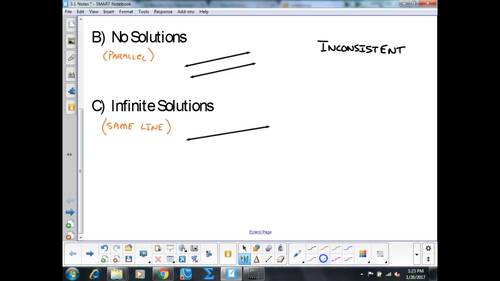And that one we classify as consistent but dependent, because they're the same lines.